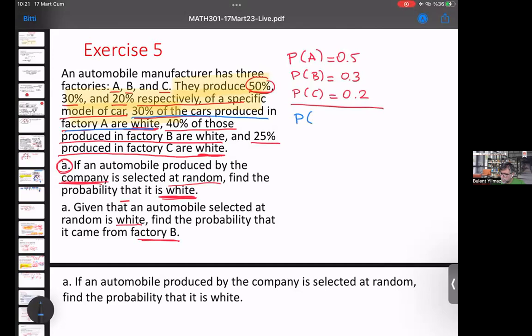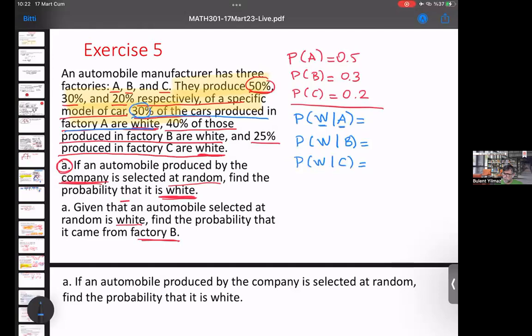Probability of obtaining a white car given that it's coming from factory A, from factory B, and from factory C. What is the probability of obtaining a white car when I know that it's coming from factory A?